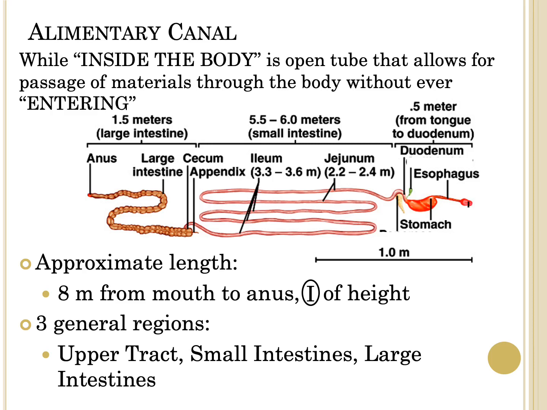The first region is all about getting the food bolus in and initiating the chemical reactions to get it into its polymer components. That will be the upper tract, which includes the esophagus and the stomach. We then have the area that will continue the chemical digestion down into the monomer and dimer units, and then allow for absorption of either the stuff we put into the alimentary canal or the materials we are attempting to absorb through digestion, and that's within the small intestinal tract.